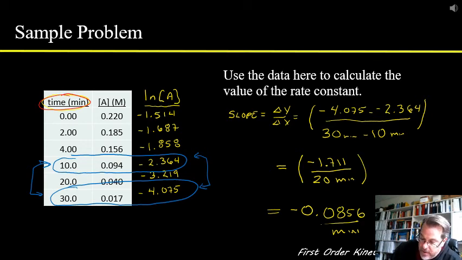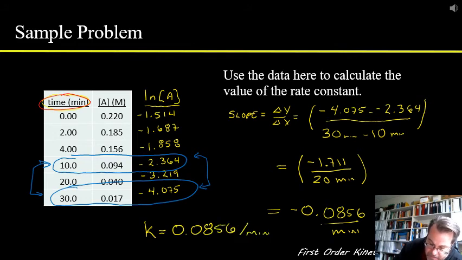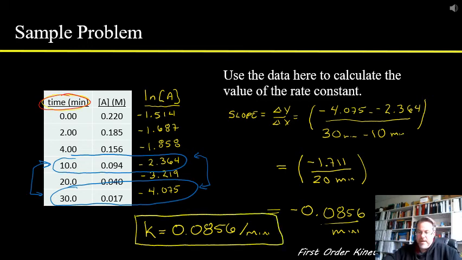And the value on that slope was negative, but of course, like we said before, k is the negative of the slope, and k is positive, so k is 0.0856 per minute. Now, like I said, as long as you've got units of reciprocal time, you don't have to convert everything into seconds. So there's our value for k.